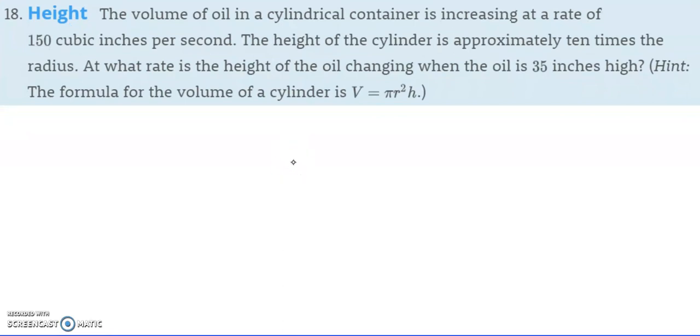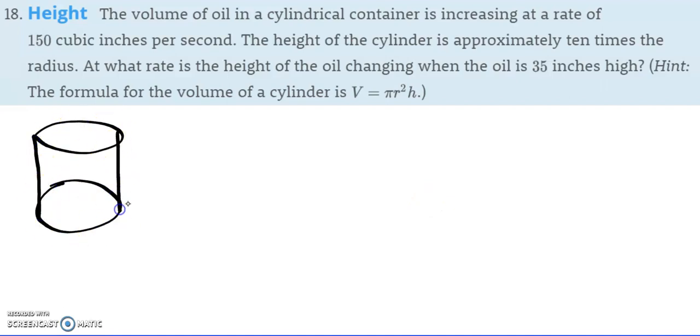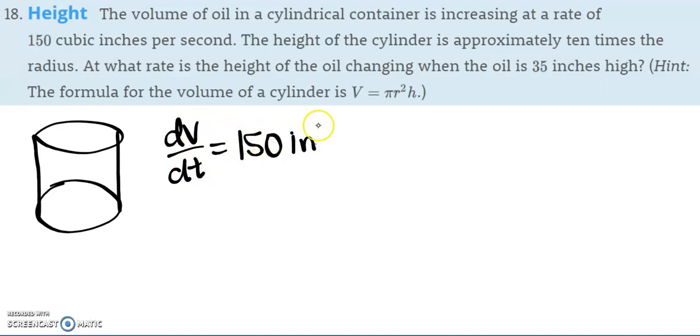So, number 18, the volume of oil in a cylindrical container. Well, cylindrical container would imply that we are talking about a cylinder. Is increasing at a rate of 150 cubic inches per second. So the volume is increasing, so positive 150 cubic inches per second.